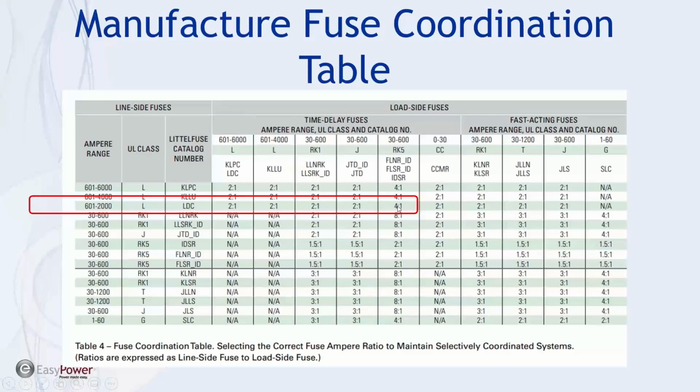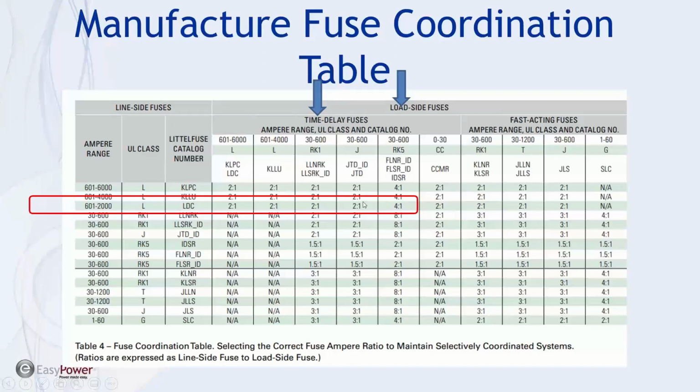And outside of a different family, the recommendation, or in some cases it can be as significant as an 8-to-1 ratio between the upstream and the downstream plot. So what we're comparing is the same family versus a different family. We stay within the column that we select. For other values in an RK1 range, we could use a 2-to-1 ratio and be ensured of seeing coordination.